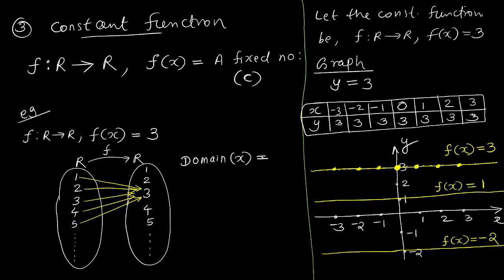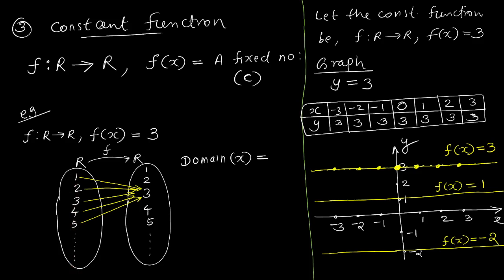Yesterday in the previous class I specifically told you that if the question is about the domain of a real valued function, ask yourself, can I substitute any real value for x? Look at the arrow diagram. I can substitute any real value for x. 1, 2, 3, 4, 5, etc. I can substitute any real value, positive, negative, everything.